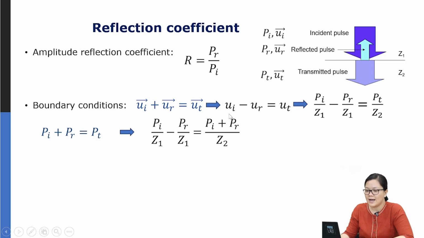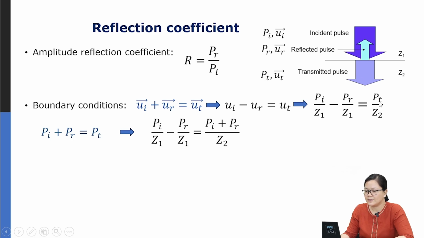So if we then substitute the equation of the impedance that I had shown you earlier into these variables of particle velocity, we would get Pi divided by the impedance of the first medium, since the pressure of the incident pulse is in the top Z1 medium, and minus the pressure of the reflected pulse here, divided by the impedance also in the first medium.